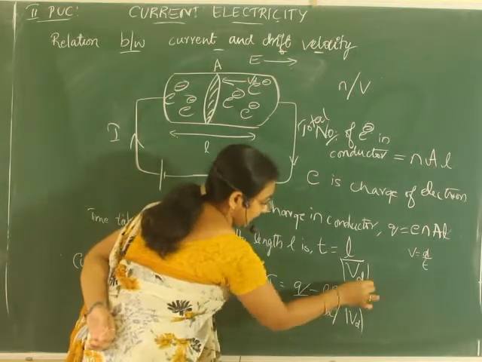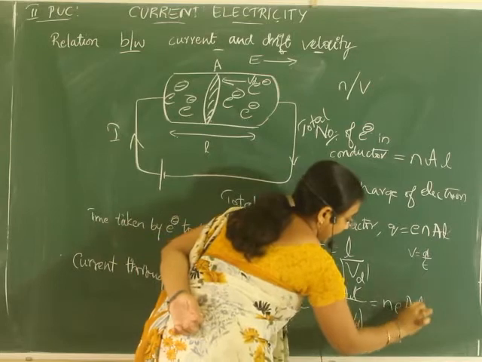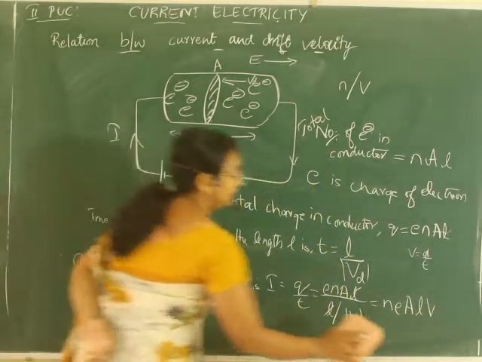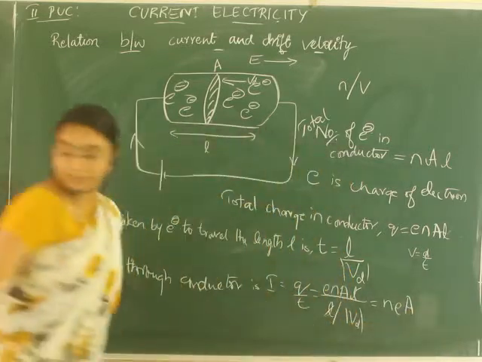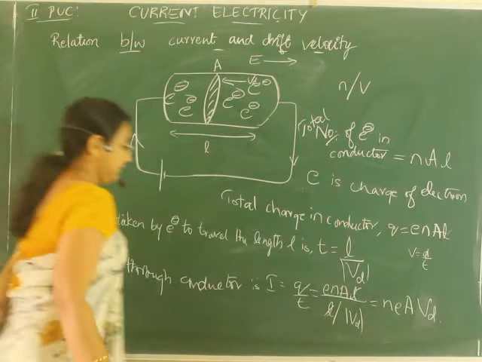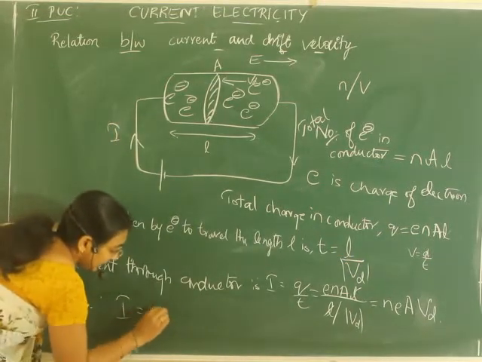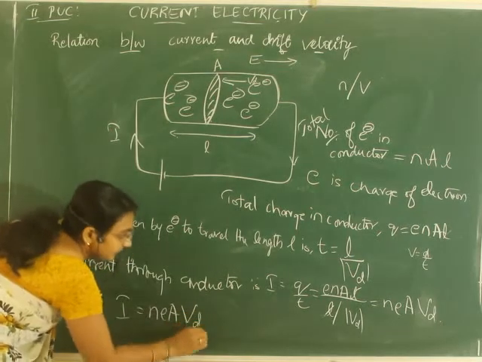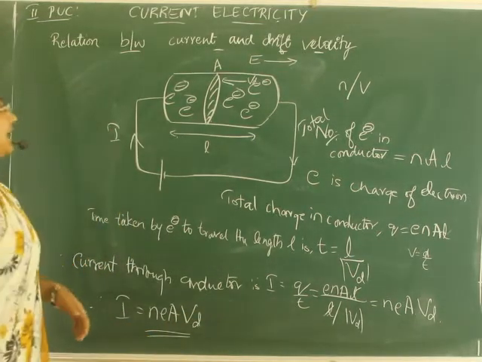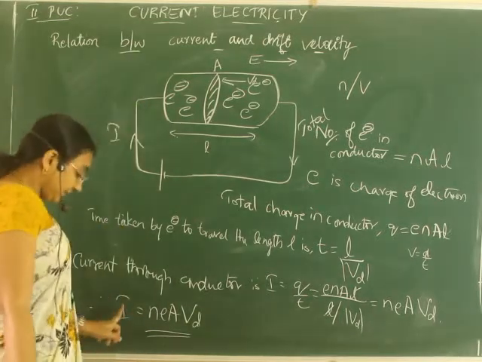Correct? L gets cancelled. So L is cancelled, correct? neAVd. Therefore, I is equal to nAeVd. Am I right? This is the expression for current, and I can say this is the relationship between current and drift velocity.